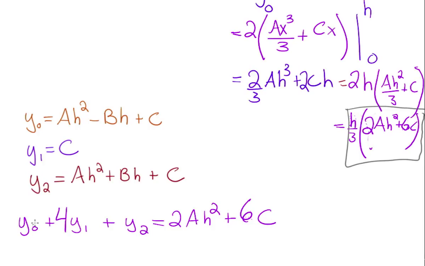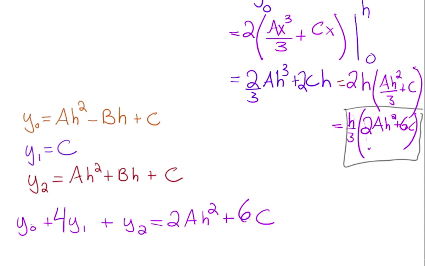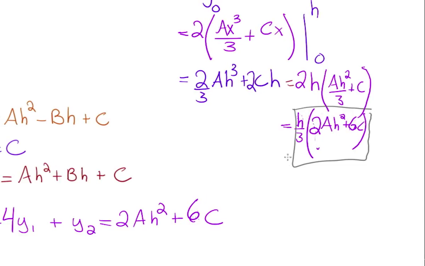So what's inside of the parentheses is equal to y0 plus 4y1 plus y2, and then we just multiply it by h over 3, right? Does that make sense? So this is equal to h over 3 times y0 plus 4y1 plus y2.